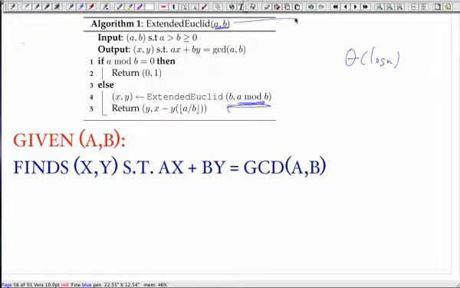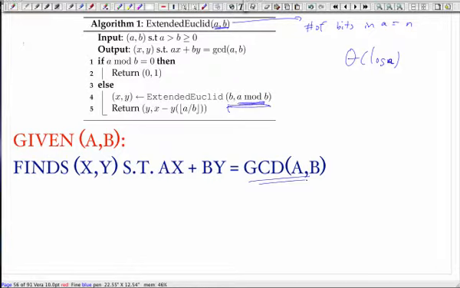N is the number of bits. Sorry, N is essentially the size of A. You can call this A. So, in other words, the running time is the number of bits in the biggest number.